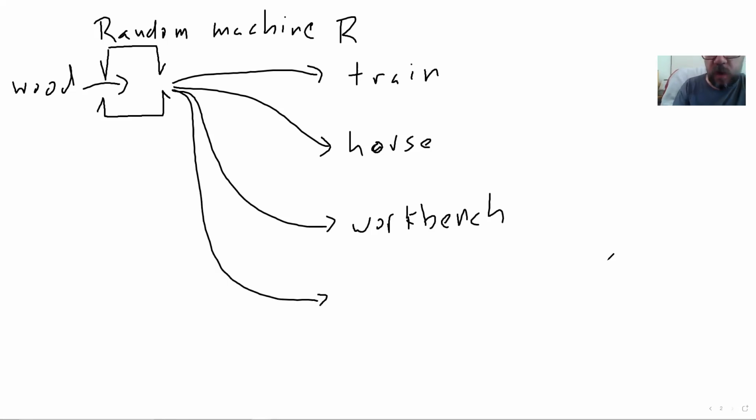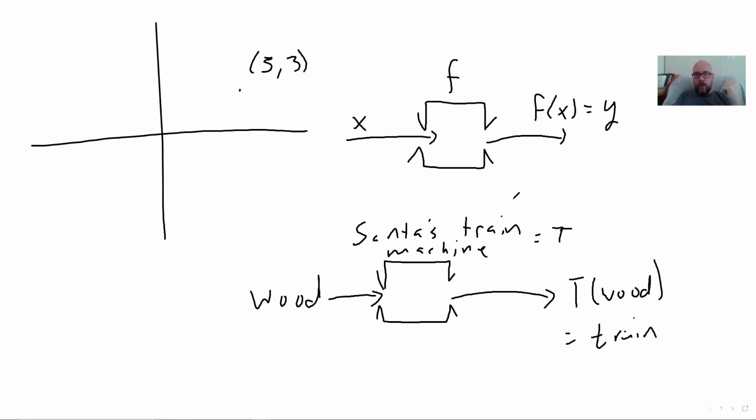Sometimes the machine just goes haywire and gives you a bunch of dust. This is a relation. This can take in one thing and give you out a variety of different things, and functions cannot do that. Functions only do one thing.